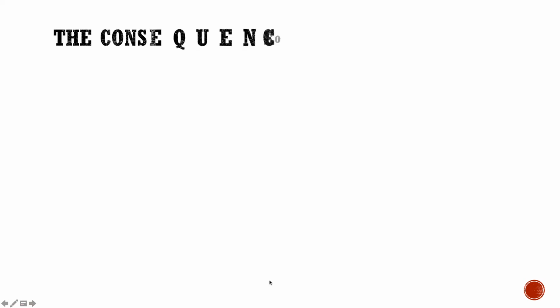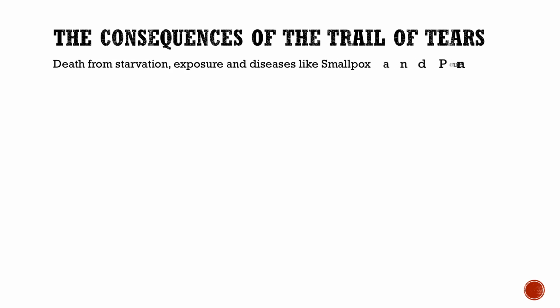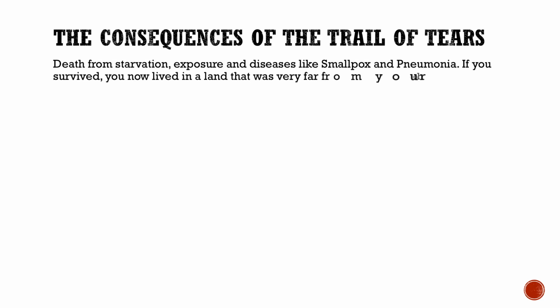So, the first thing I was going to talk about is the consequences of the Trail of Tears. I thought about the various aspects of the Trail of Tears, and this is what I came up with. Death from starvation, exposure, and diseases like smallpox and pneumonia. If you survived, you now lived in a land that was very far from your home.